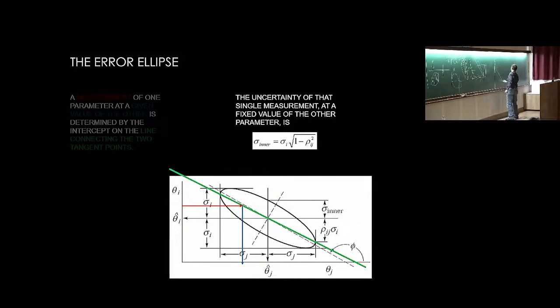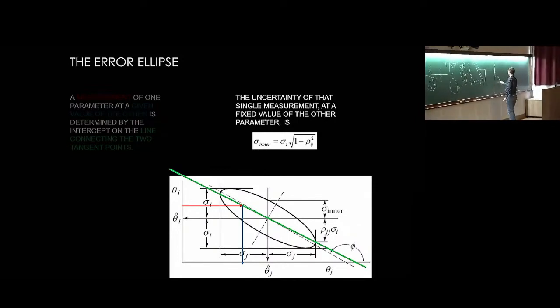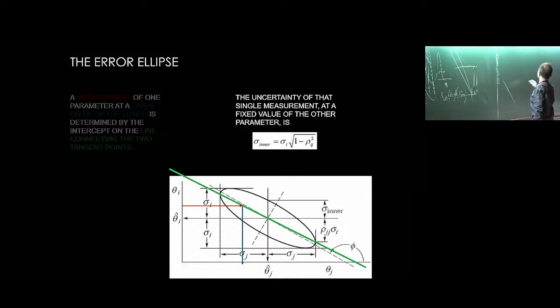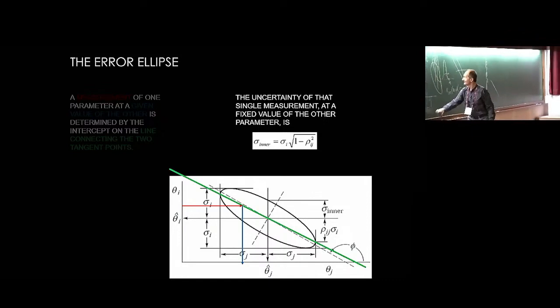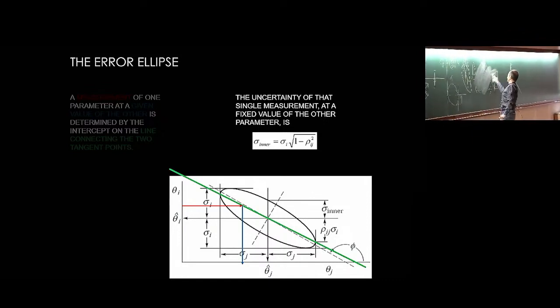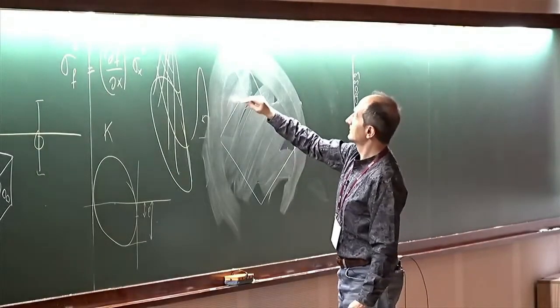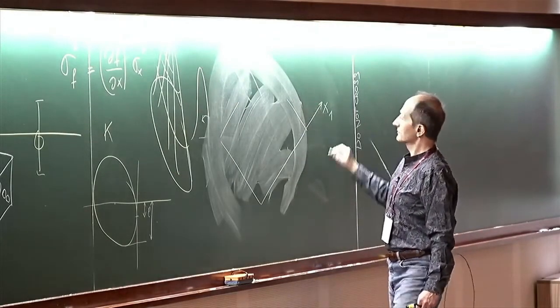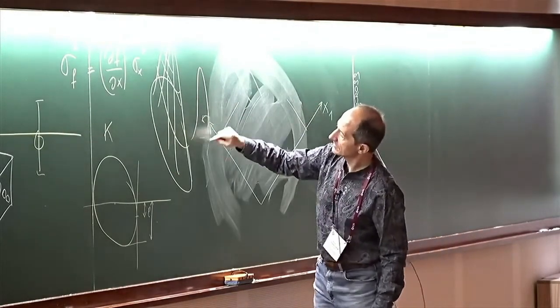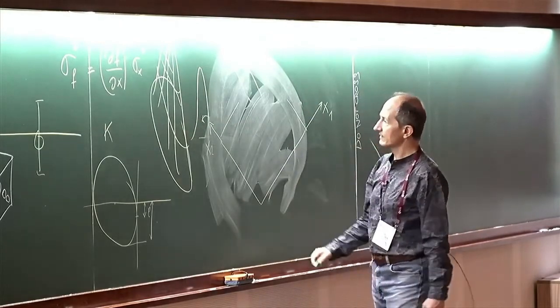Let's see what my three-dimensional drawing capabilities are. So this is variable x1 or theta 1, this is variable x2 or theta 2 or whatever.